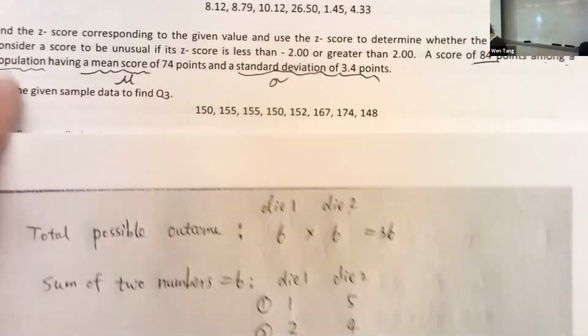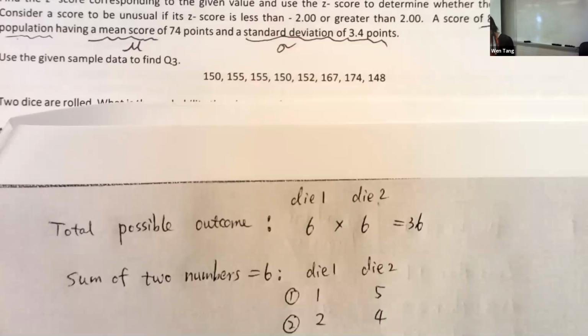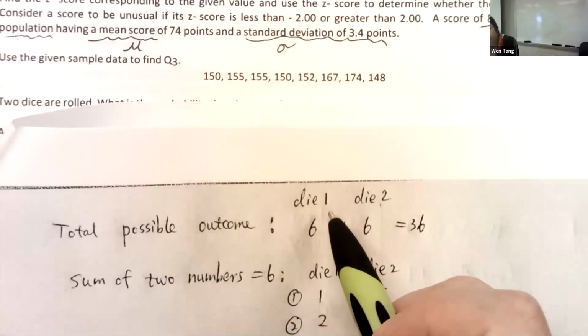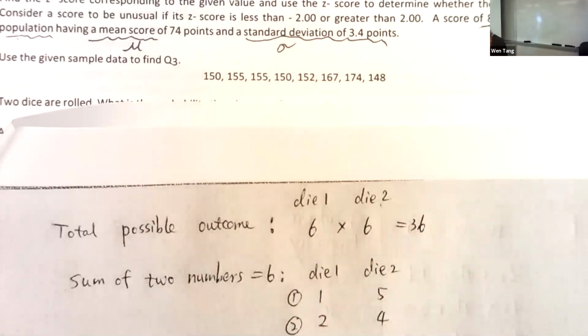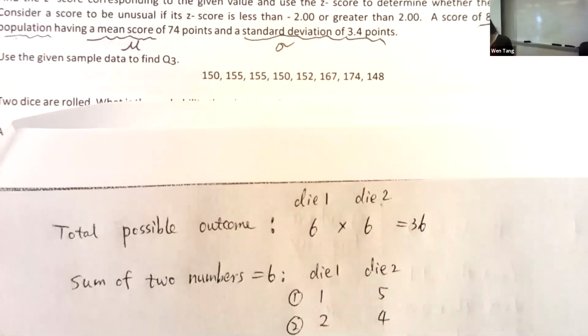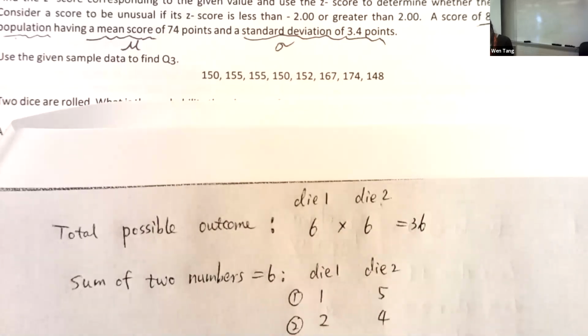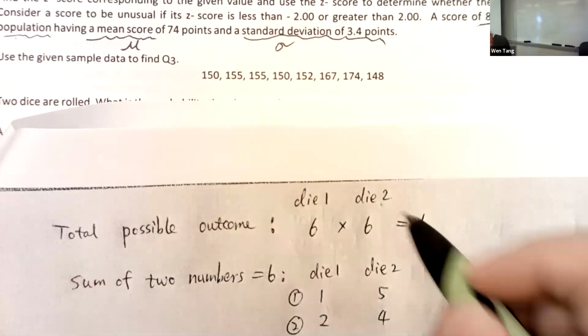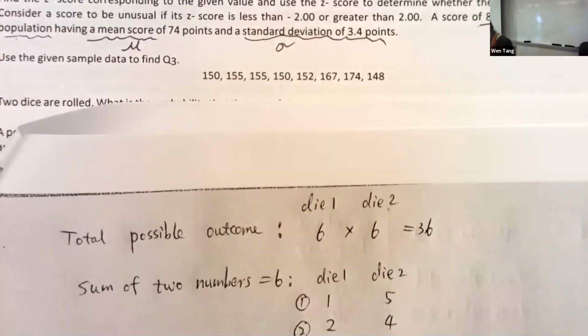So first, let's check if we have die 1 and die 2, how many possible outcomes do we have? For the first die, we have numbers 1 to 6, so there will be 6 possible numbers. And for die 2, we still have 6 different numbers.